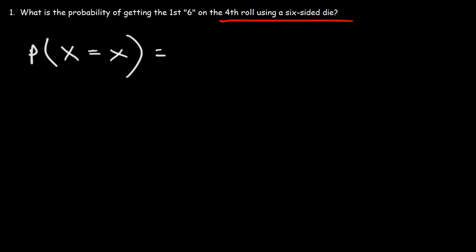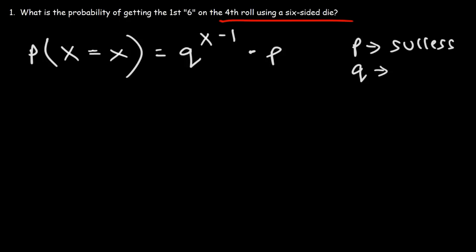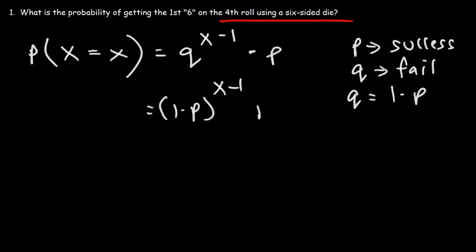This is going to be equal to Q raised to the x minus 1 times P. Now, lowercase p is the probability of getting a successful event. Q is the probability that an event will fail. Now keep in mind, Q is 1 minus P. So in some textbooks, you'll see it written like this. So just keep that in mind.